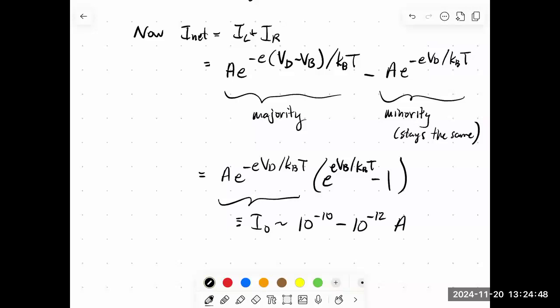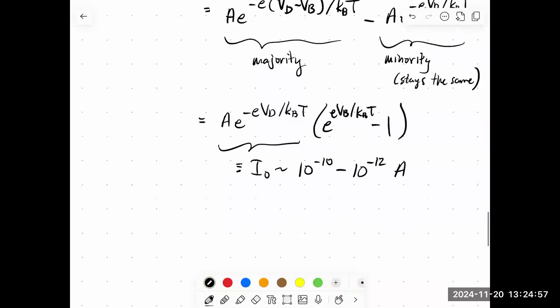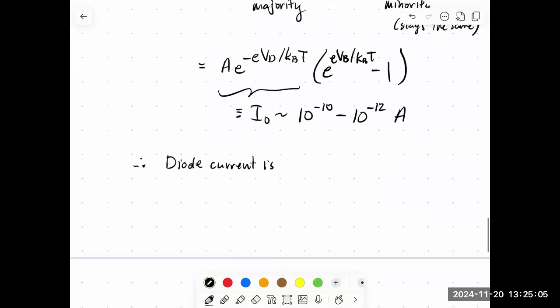So we're talking about less than a nanoamp, maybe picoamp level, very small currents. And so therefore, our diode current is I equals I naught times e to the EVB over KBT minus 1.